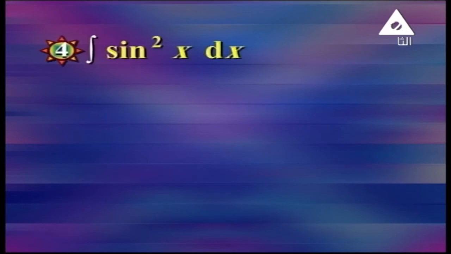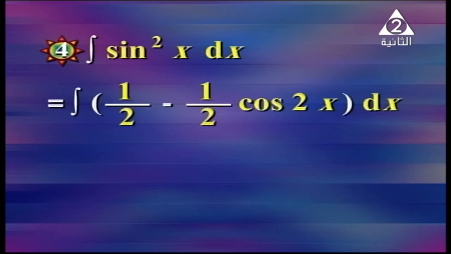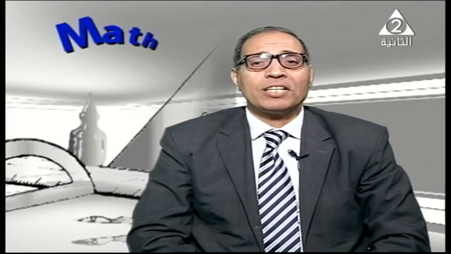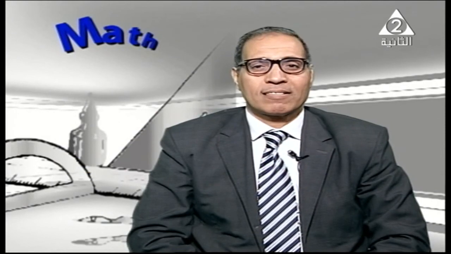Number 4. What is the integration of sine squared x dx? Excellent student. We replace sine squared x by using the second rule: 1 over 2 minus 1 over 2 cosine 2x dx. Remember, dear student, we do not have an integration rule for sine squared x directly; sine squared x has no direct integration.